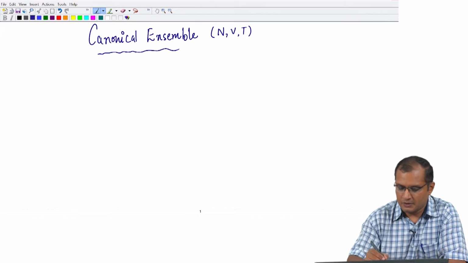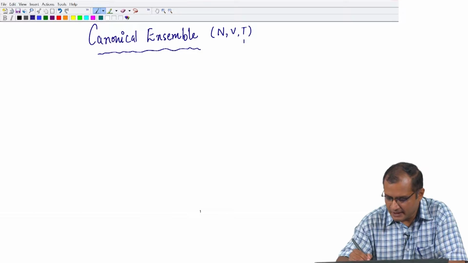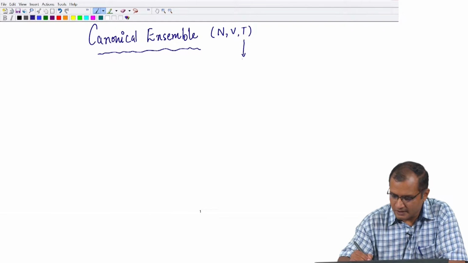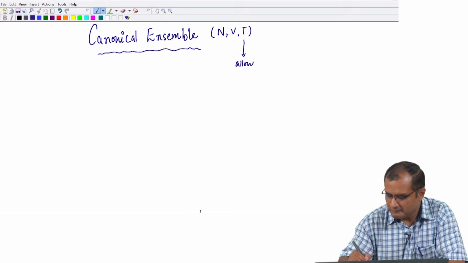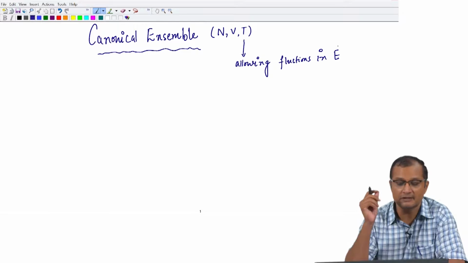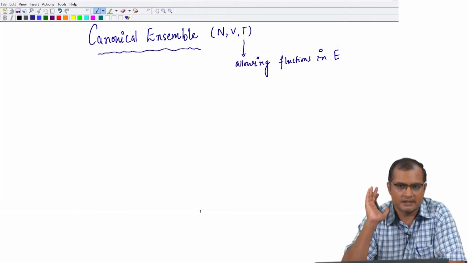So, this quantity T is kept constant by allowing energy to fluctuate. So, this is the first ensemble where some fluctuations are allowed.